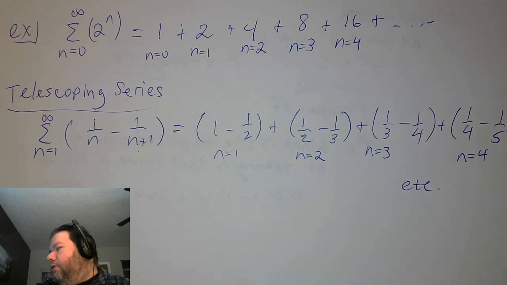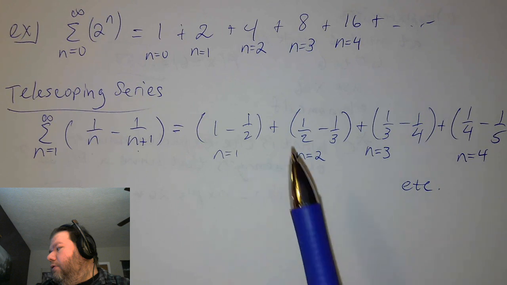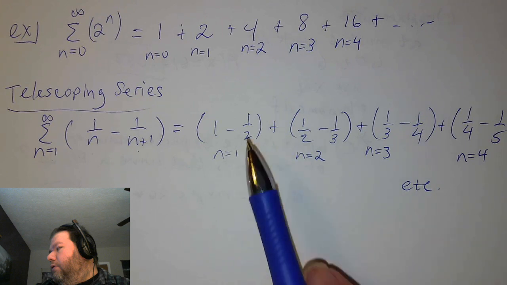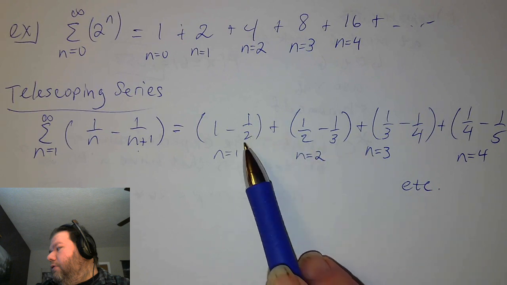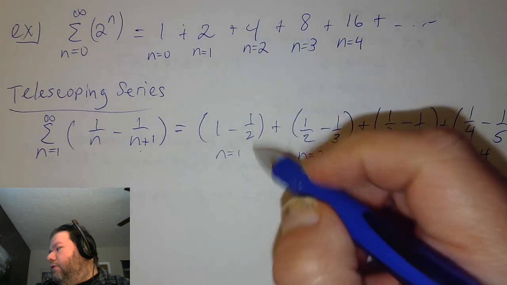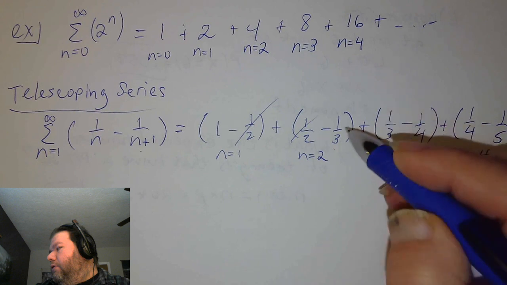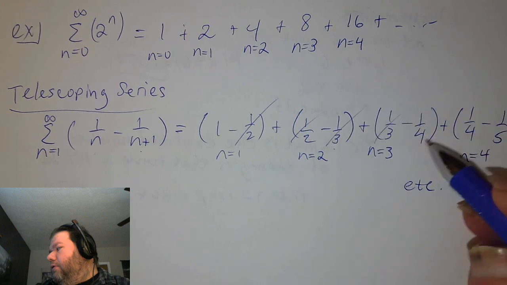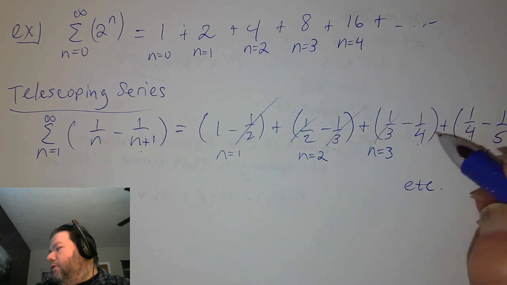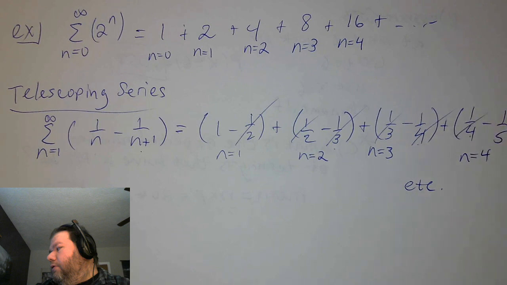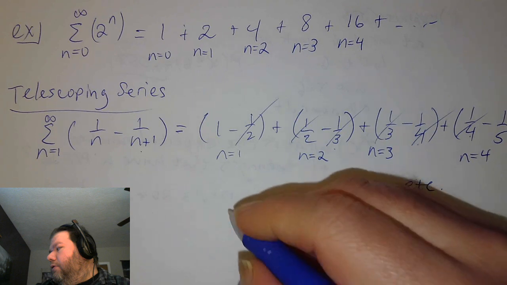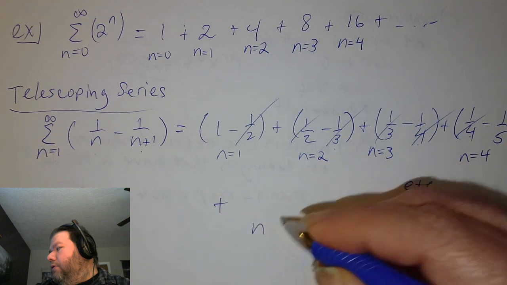Now what we see happens here, this is why we call it telescoping, is that a lot of our middle terms are going to cancel each other out. Like minus 1/2 and plus 1/2, that's going to cancel each other out. Minus 1/3 plus 1/3, that's going to cancel each other out. Minus 1/4 plus 1/4, that's going to cancel each other out. So we keep going until we get to the nth term.